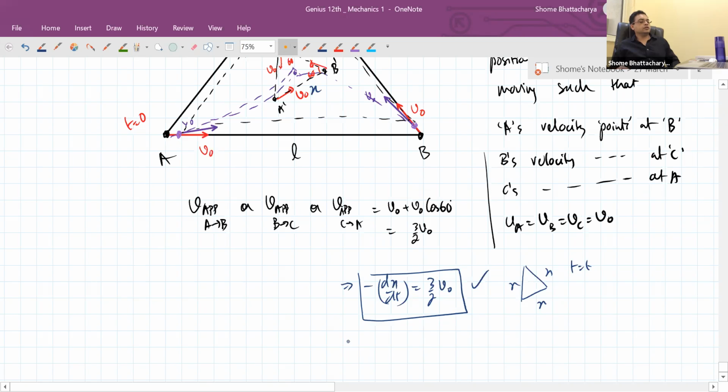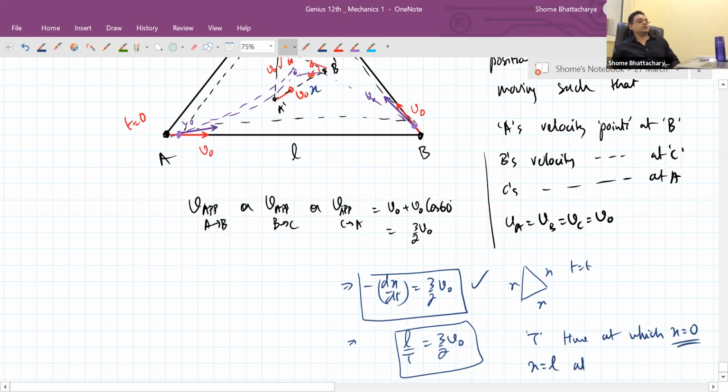So L divided by 3 by 2 V naught is equal to t, where t is the time at which x becomes 0, whereas x was equal to L at t equal to 0.